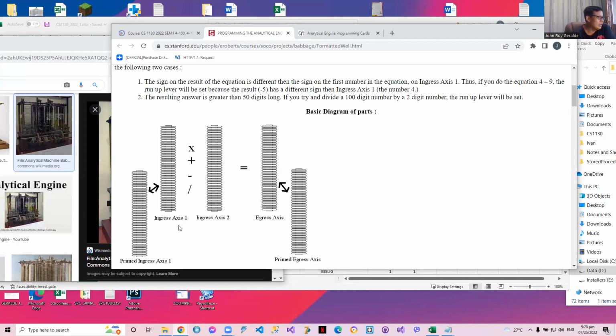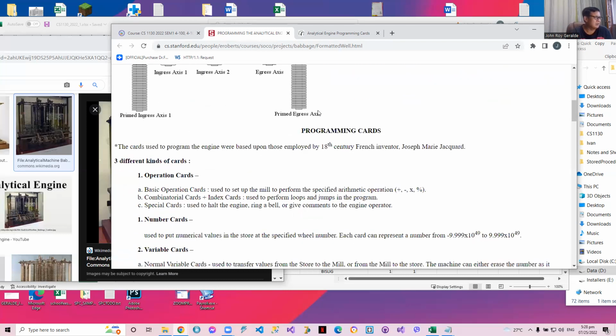So dito yung 100-digit, the divisor is a 50-digit number, and the egress axis can store the quotient, and the remainder can be in the prime egress axis. Do you follow? How does it work? It still doesn't answer, no?